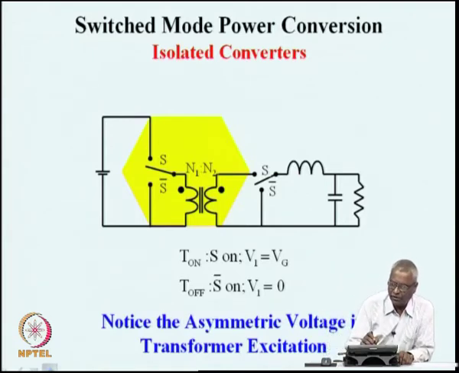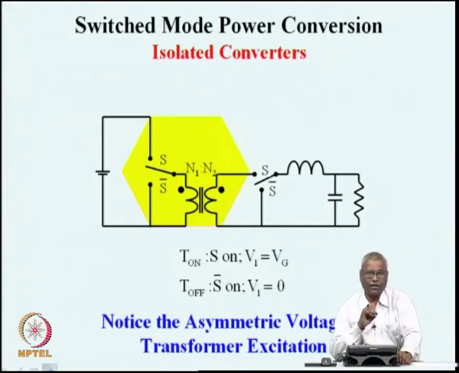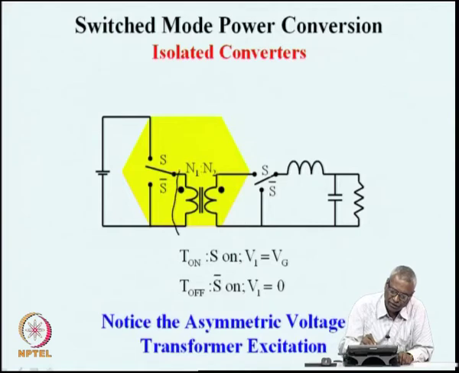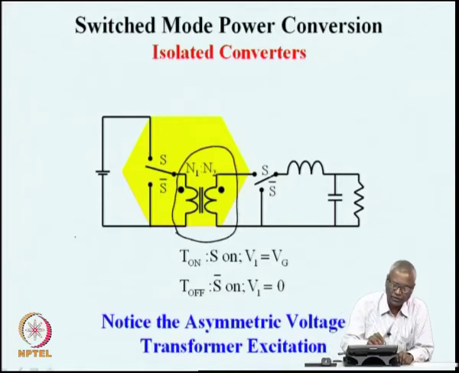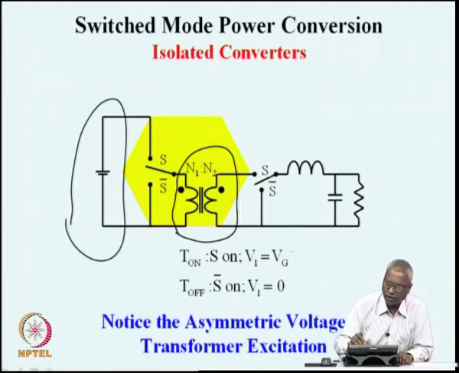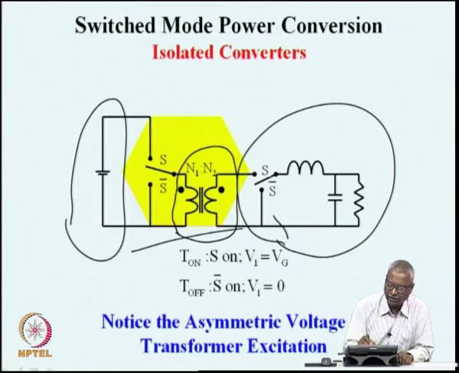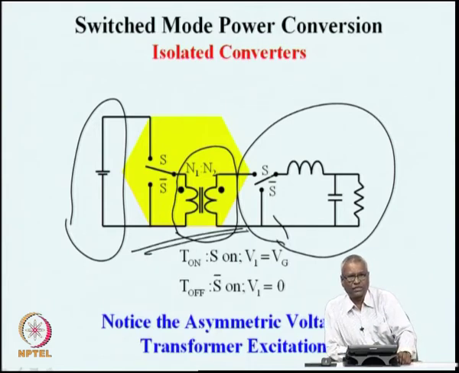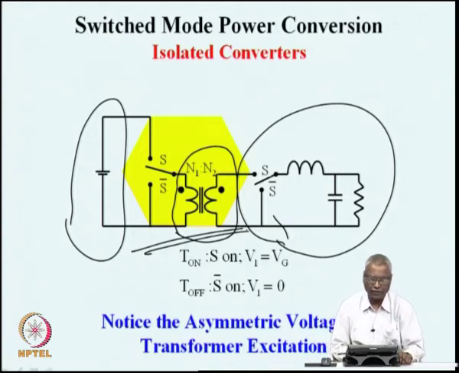Now, in this particular case, we are looking at the isolated converter, which was obtained by simply introducing an electromagnetic transformer to a standard source and our standard buck converter, with isolation in between. So, this is what we proposed as a circuit topology for an isolated power converter.